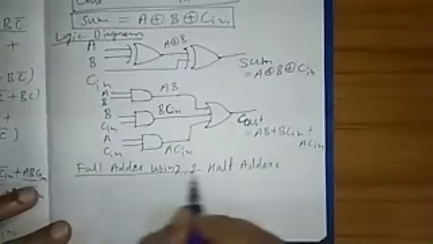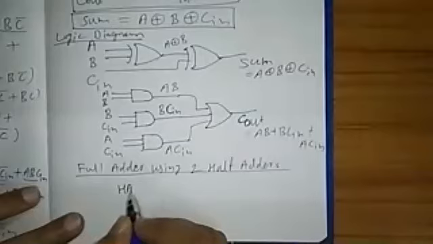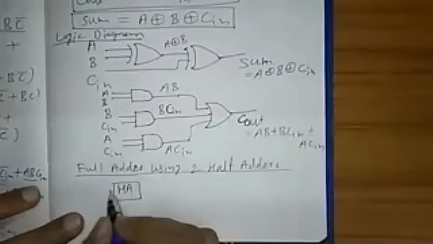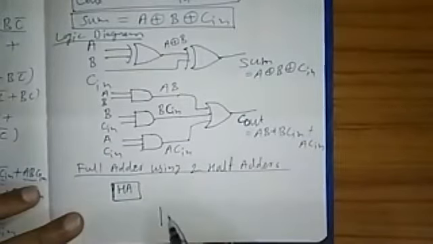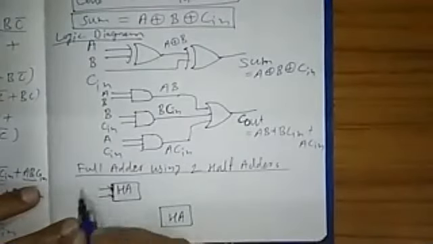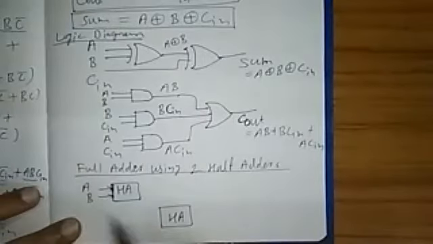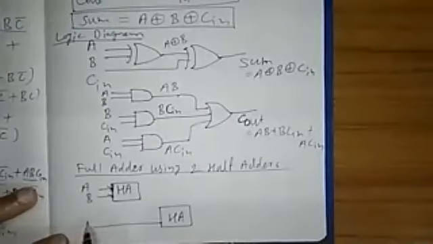In that case, if I show the block diagram, it will be like one half adder here, and one more half adder I can show here. Here it is A and B, and Cin will be here.